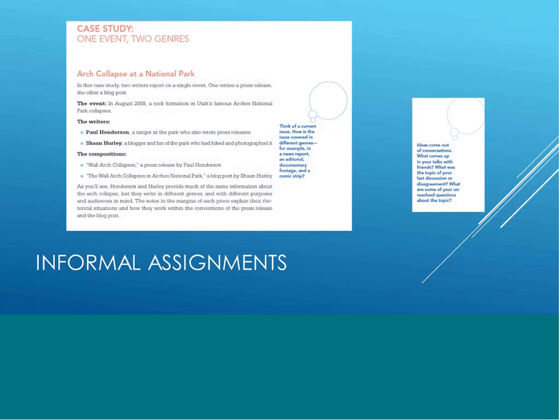For example, as the students are about to get into analyzing the two different pieces about the arch collapse, you might have them think of a current issue, and perhaps this is where the student came up with Ferguson. How is that covered differently if they're watching it on the news, or if they're reading a tweet about it? What does that say about the event? It just starts to get students thinking about the topic you're covering.